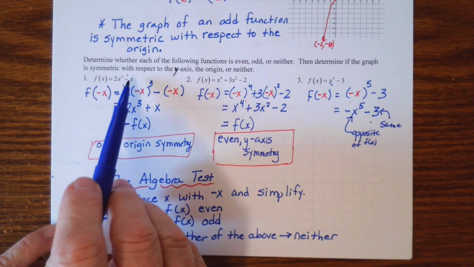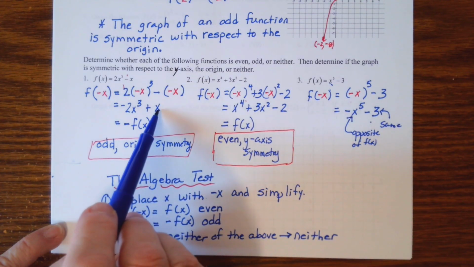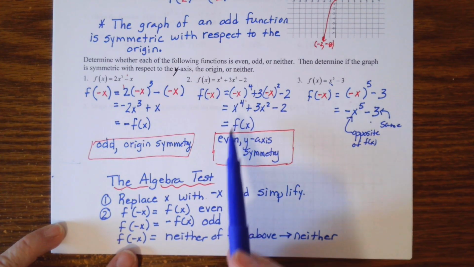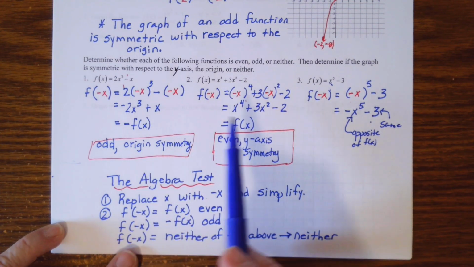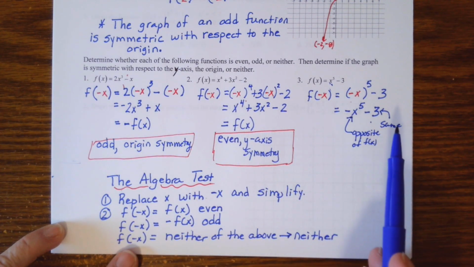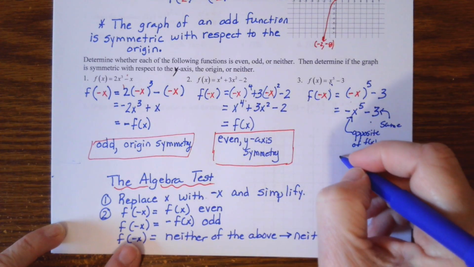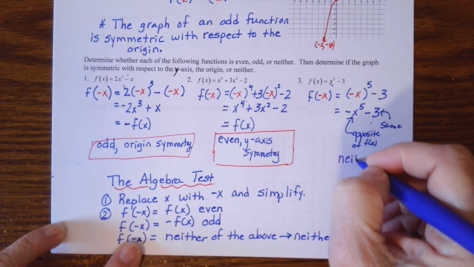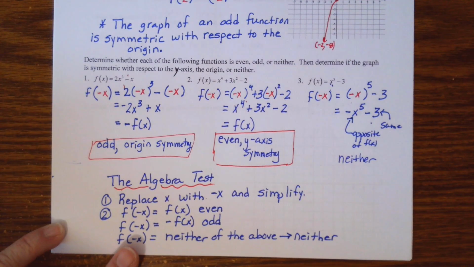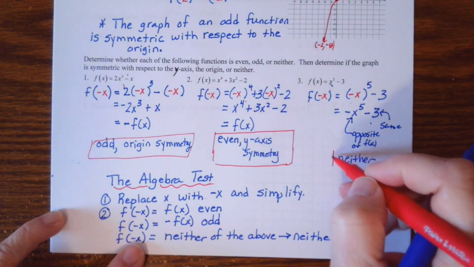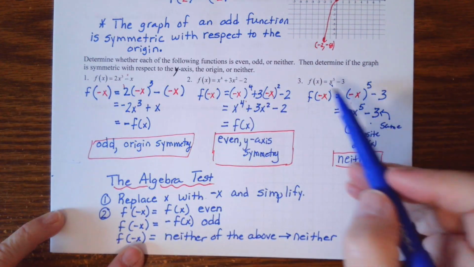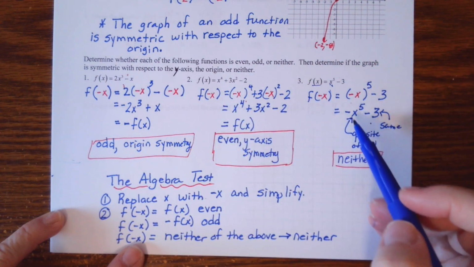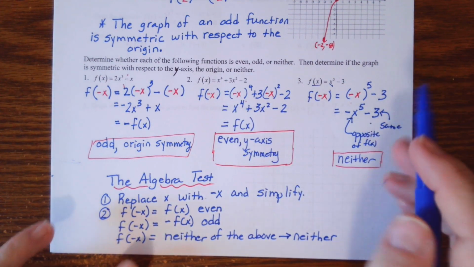We went from a subtract or a negative x to a positive x. Here, everything is the same. Everything on this one went opposite. This one I have opposite and the same, so this one is considered neither. And remember, when we look at this, we're comparing our original to our new equation.